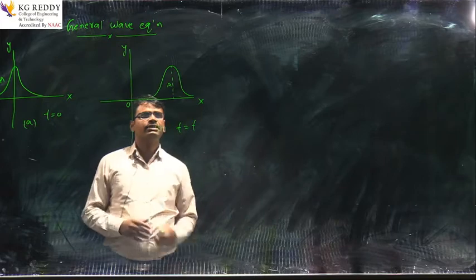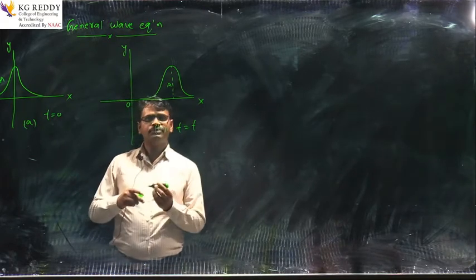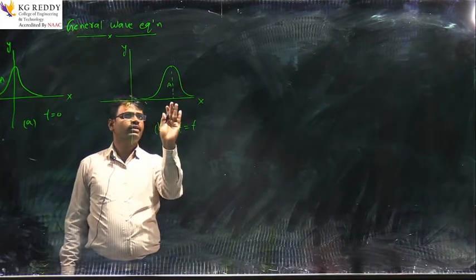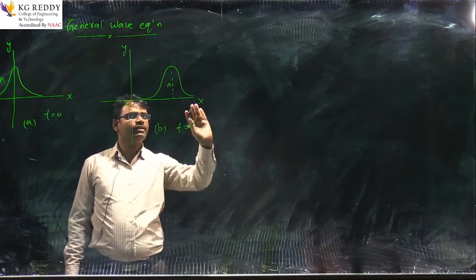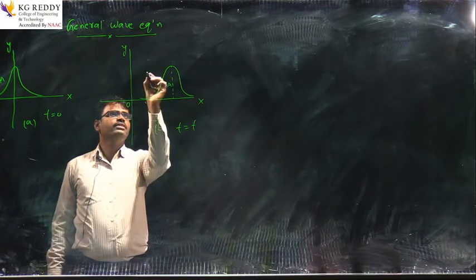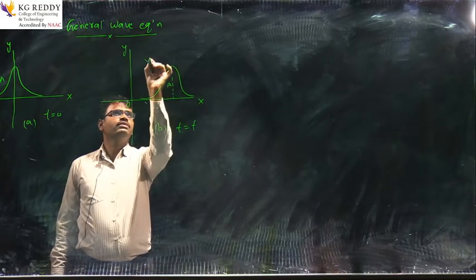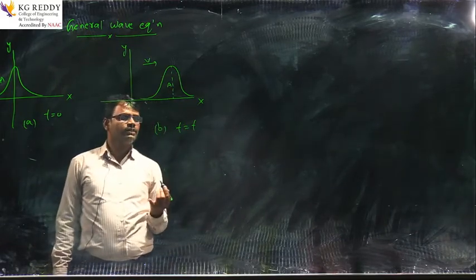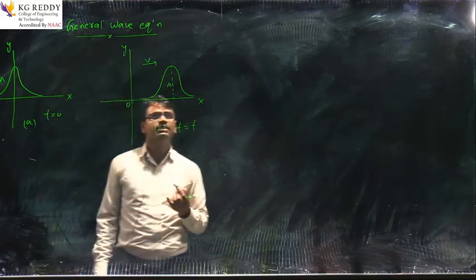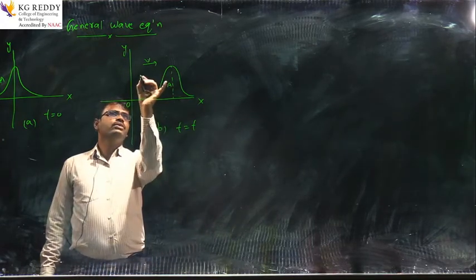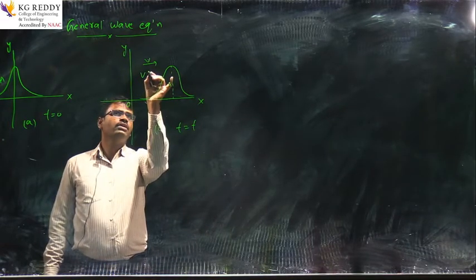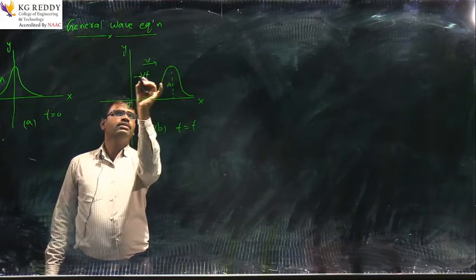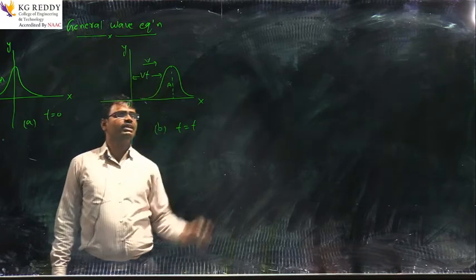In case of B, it moves from the origin some distance x along the x direction with velocity v with time t. We know that the product of velocity and time is distance, right? So this wave moves along the x direction from the origin, distance is vt.